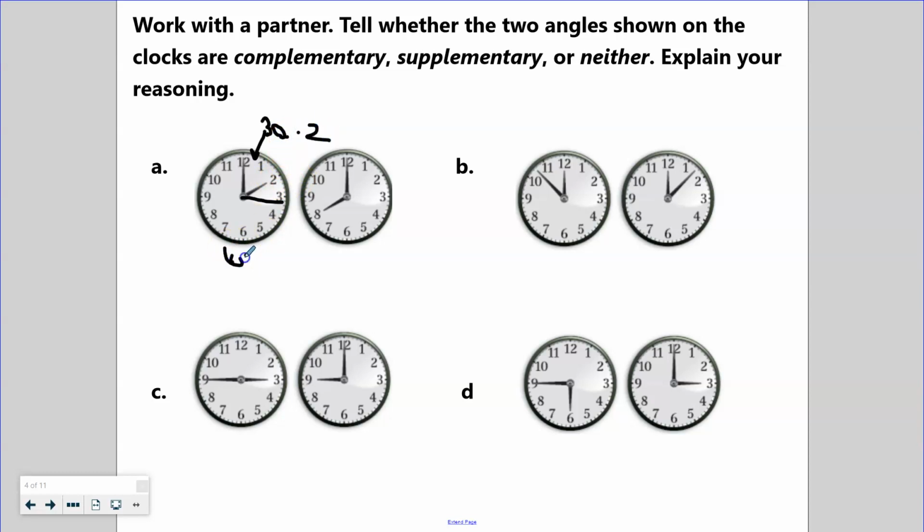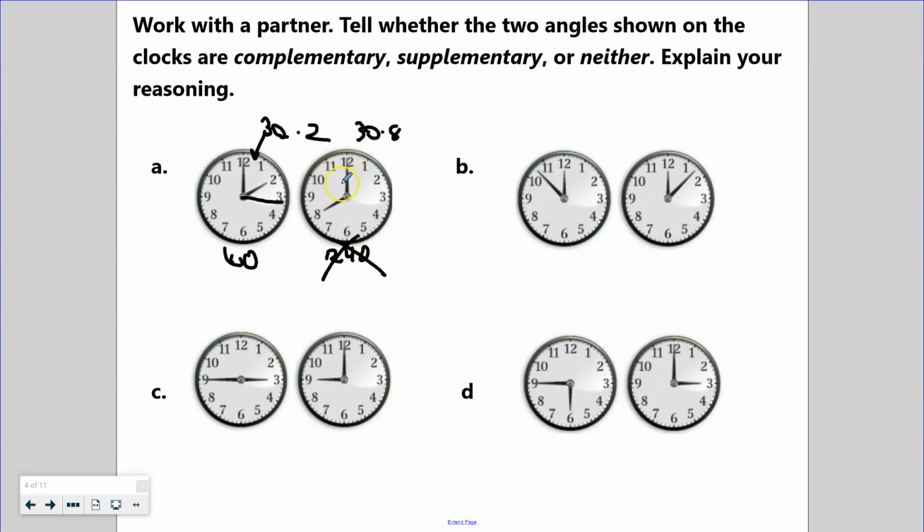That'd be 60, right? And then over here, 1, 2, 3, 4, 5, 6, 7, 8. 8 times 30. Right? 8 times 3 is 24. With a 0, right? Oh, excuse me. Did that completely wrong, right?